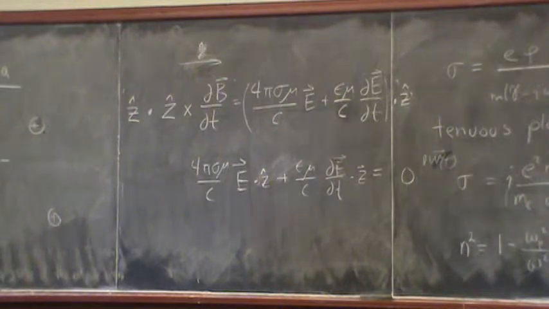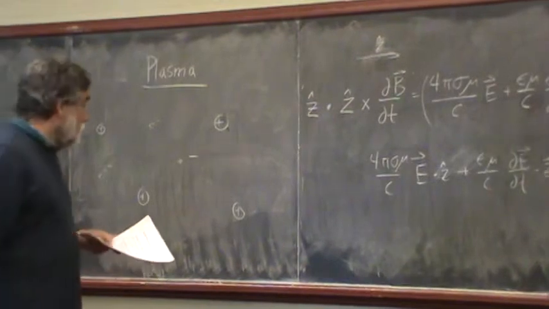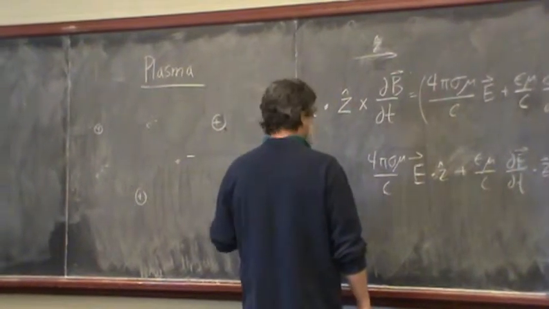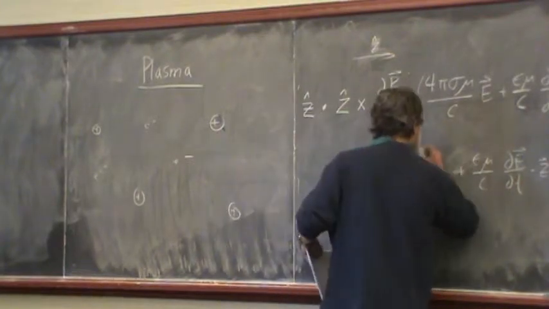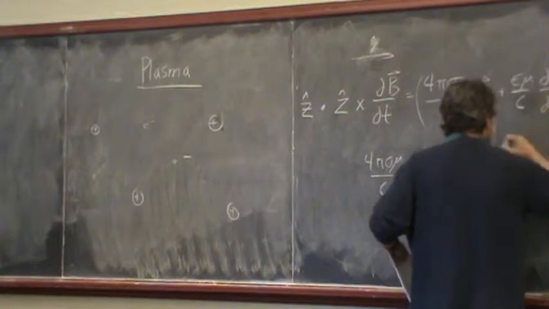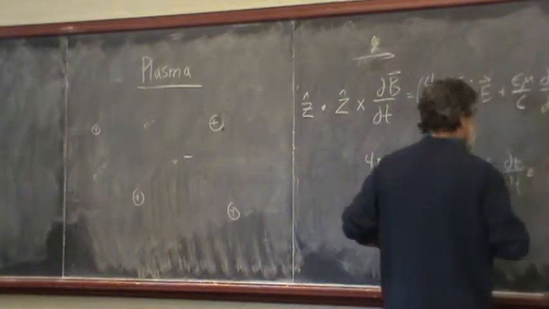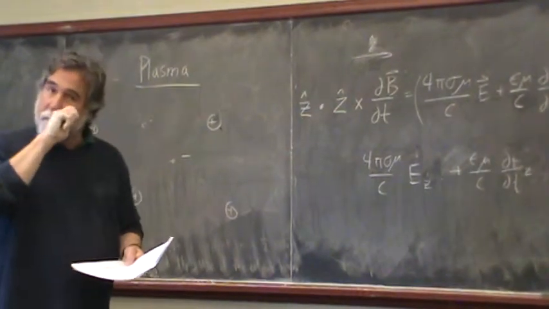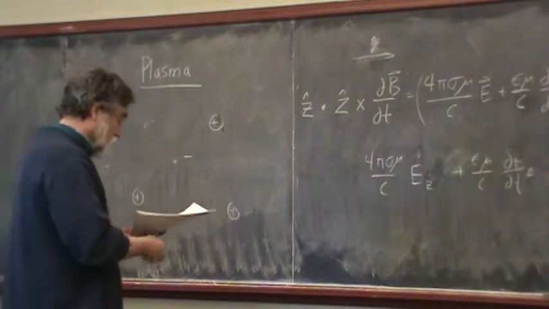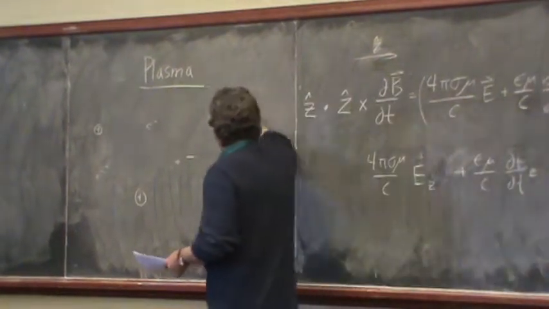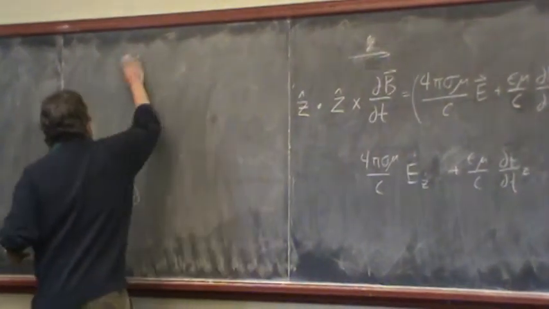That's the Z component of the electric field. So I don't have to rewrite that. And that's easy to solve. Just separate variables and integrate. And I end up with this.